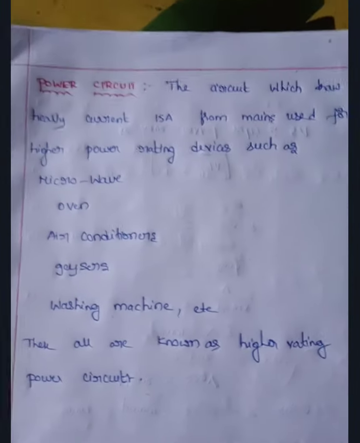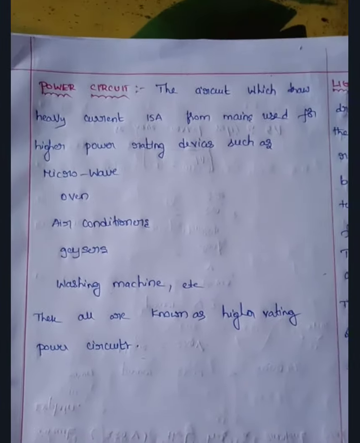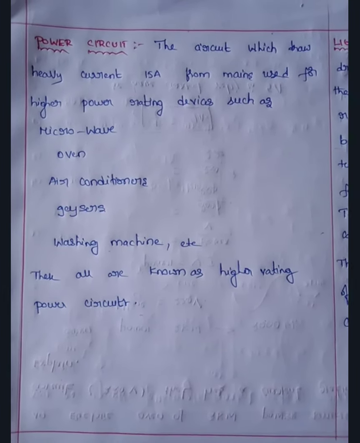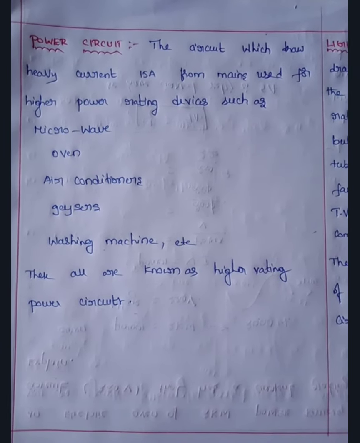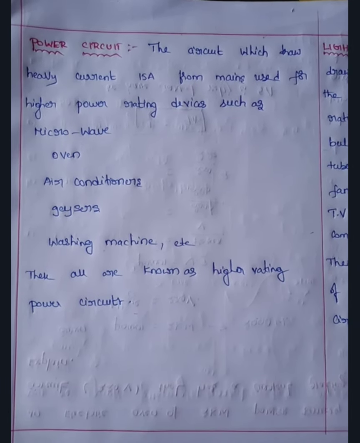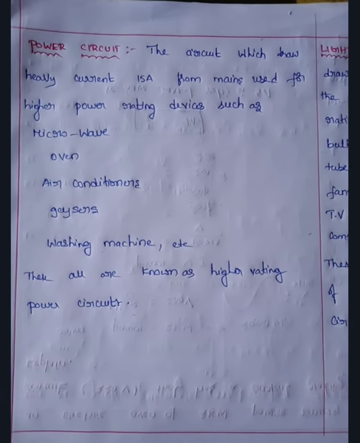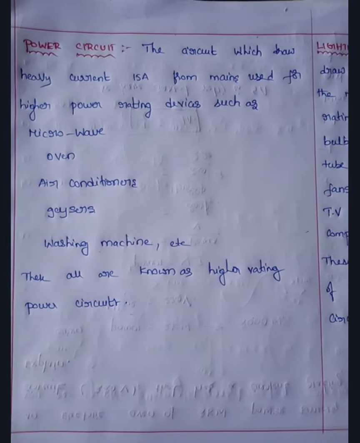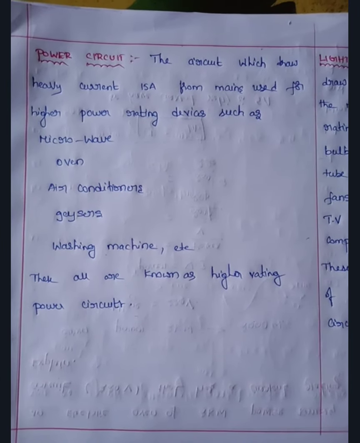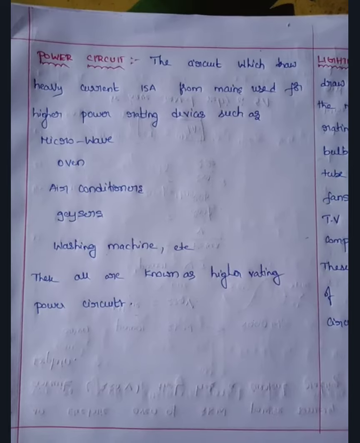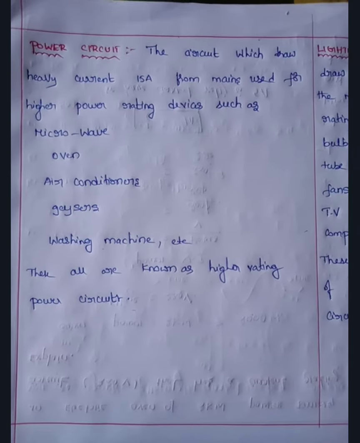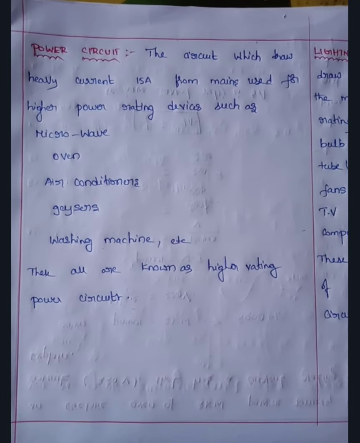Let us see the definitions of power circuit and lighting circuit. Power circuit: the circuit which draws a heavy current of 15 amps from the mains, used for higher power rating devices such as microwave ovens, air conditioners, geysers, washing machines, etc. In homes, these devices each have one 15 amp circuit.